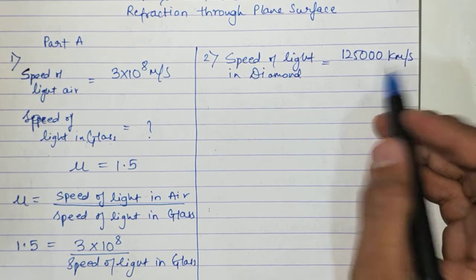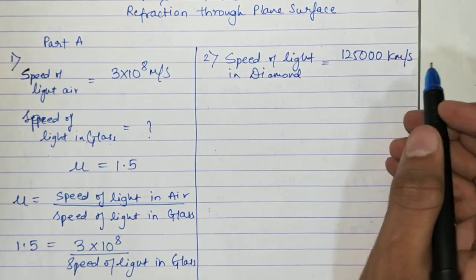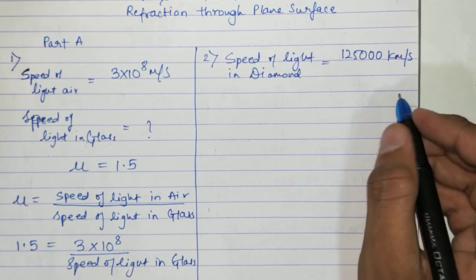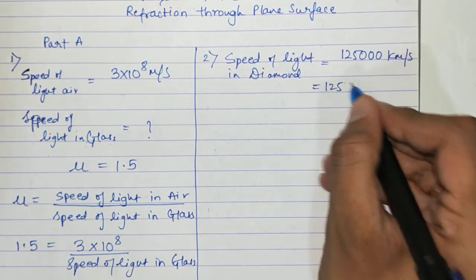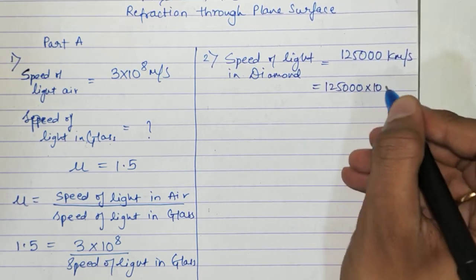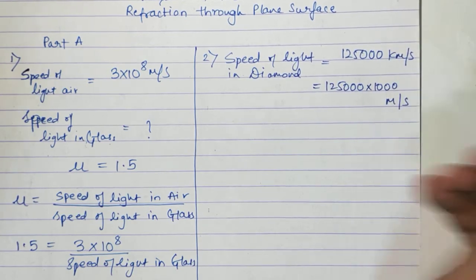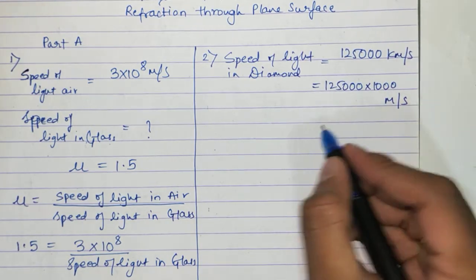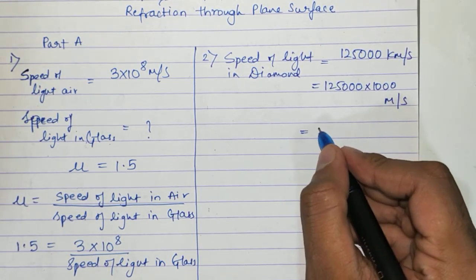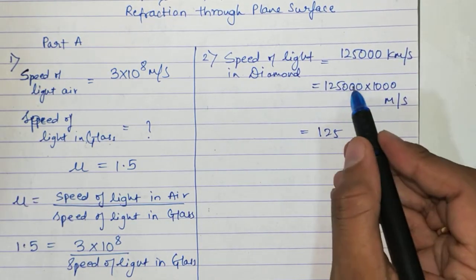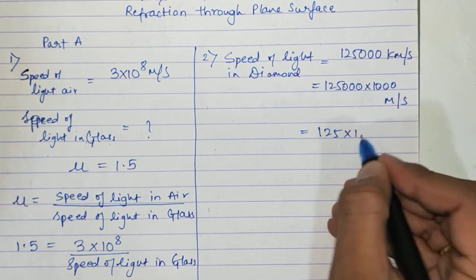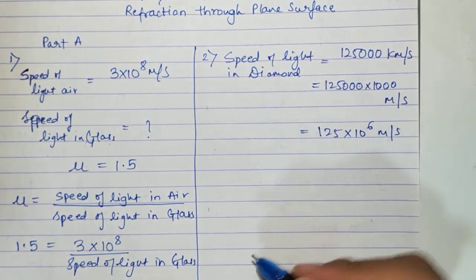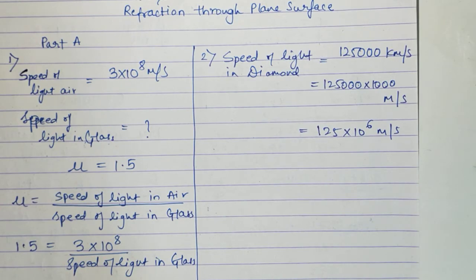So we have to convert kilometers into meters. To convert kilometers to meters you have to multiply by 1000. So it will become 125,000 into 1000 meters per second. Okay. So you can write it as 125 followed by 6 zeros, so 125 into 10 raised to 6 meters per second.